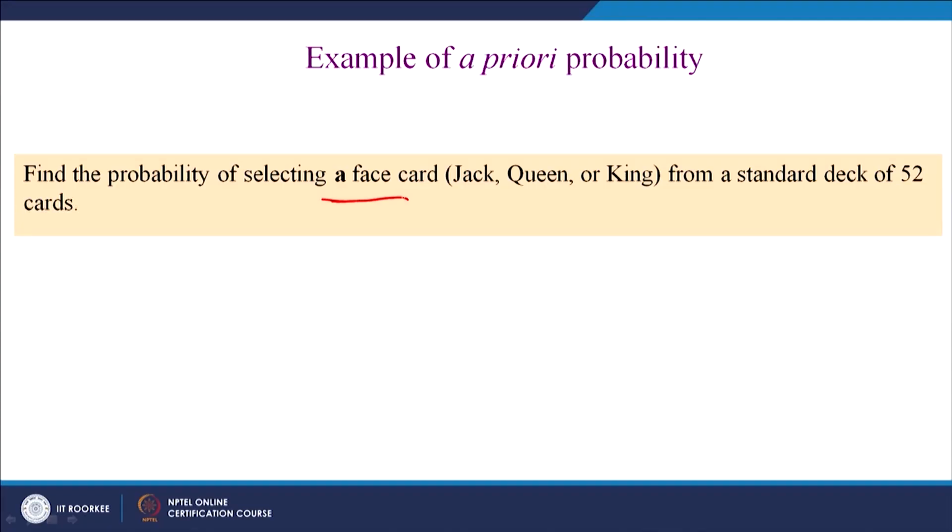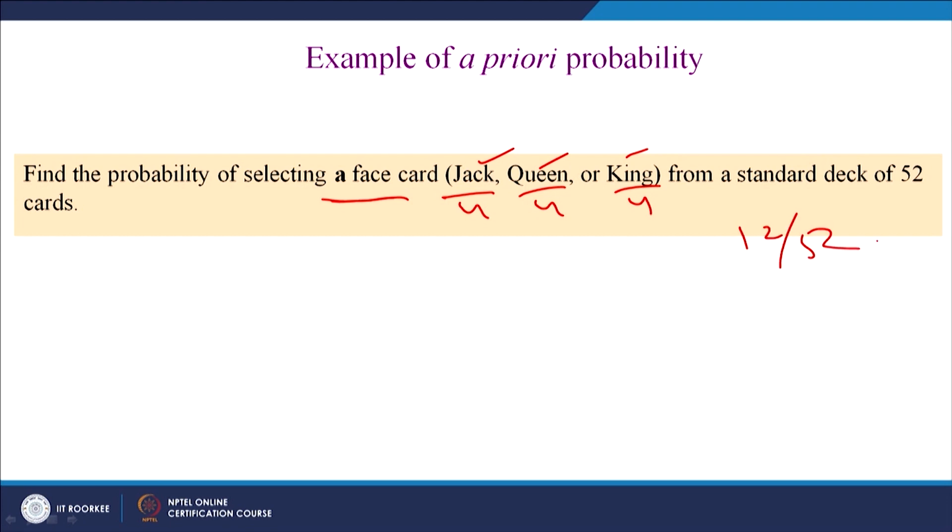So, let us look at some more examples. Find the probability of selecting a face card from a standard deck of 52 cards. So, how many face cards are there? You have got 3 types of face cards, jack, queen and king, right. So, you will have 4 jacks, 4 queens and 4 kings, right. So, it is 12 by 52, is not it.